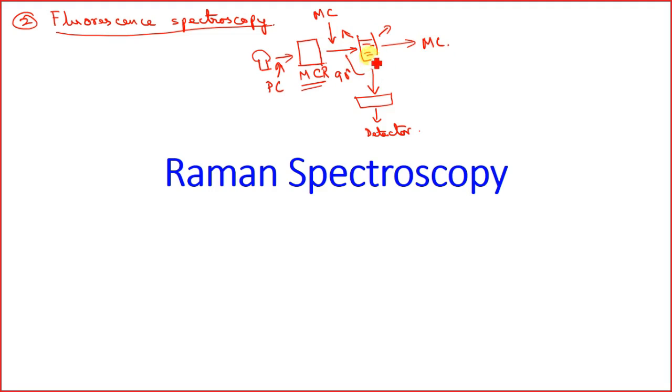However, the fluorescence light which is being radiated from the samples is moving in all directions, and it is expected that at 90-degree the effect of this monochromatic light will not be there, but practically it is not possible. Some of the monochromatic light may get scattered, and for stopping those scattered monochromatic light, we can have the filter arrangement over here. Okay.